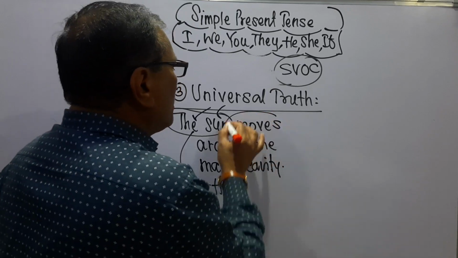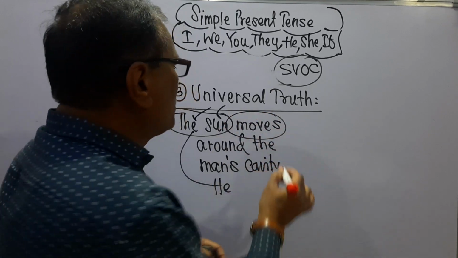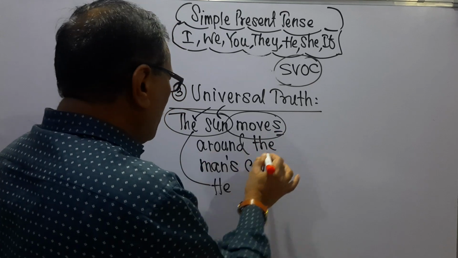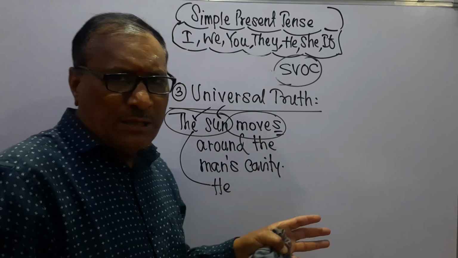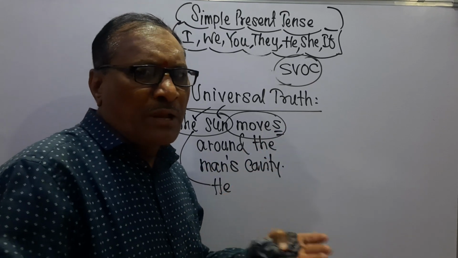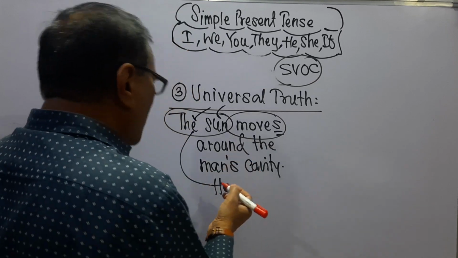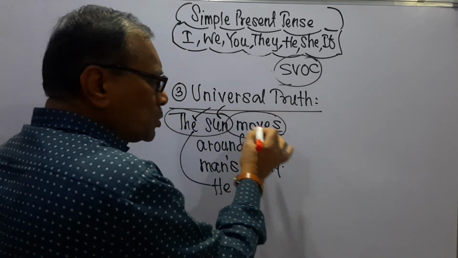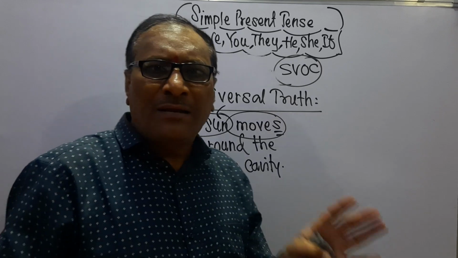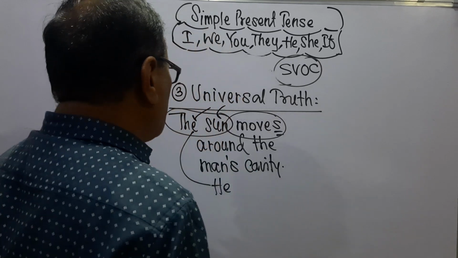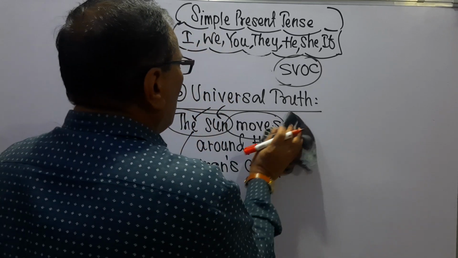That's why this verb has taken the s suffix, and around the mankind's welfare is the object. So remember here, universal truths are spoken and written in the simple present tense. That is the important thing I will tell you.